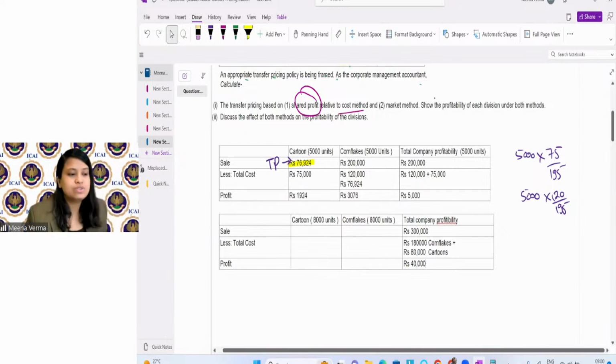Now this 40,000 will be allocated to these products on the basis of the cost you are incurring here. For the cartons, the cost is 80,000. For the cornflake, the cost is 1,80,000.